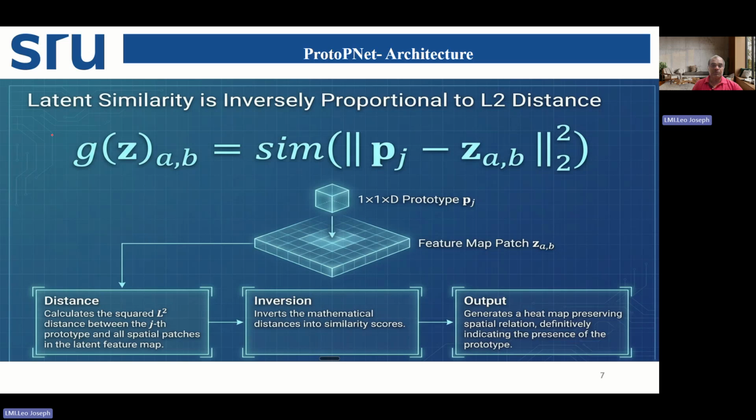Here, P of J is the probability based on the distance, and the mapping z_a, z_b is the mapping of two patches. Here we are taking only A and B, and calculating how closely they are related to each other.